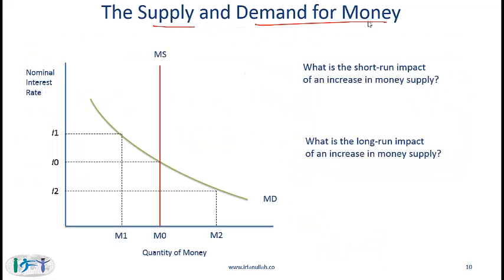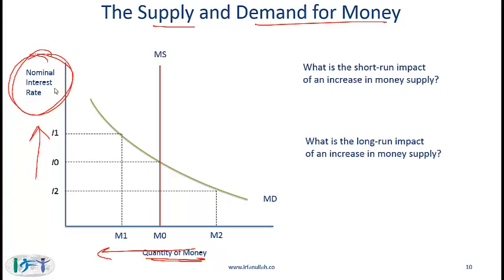The supply and demand for money. As with other markets, the price of money is determined by the interaction of demand and supply. This curve is the money demand curve, and if we have interest rates on the y-axis, quantity of money on the x-axis, then as interest rates go up, the quantity demanded goes down, and we just saw this on the previous slide.